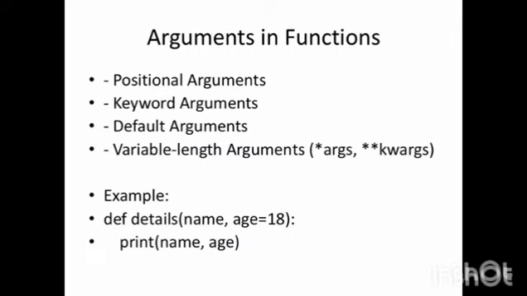Default arguments let you set a fallback value, so the user doesn't always have to provide it. And variable-length arguments, using *args or **kwargs, let you accept any number of inputs. For example, you might write a function to greet users, and whether you greet one user or 10, your function can handle it. Arguments make your functions versatile and powerful.